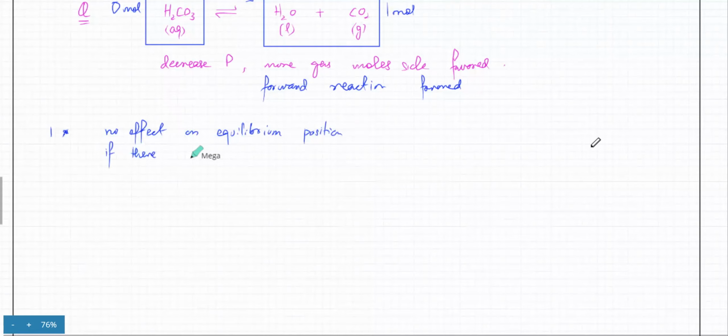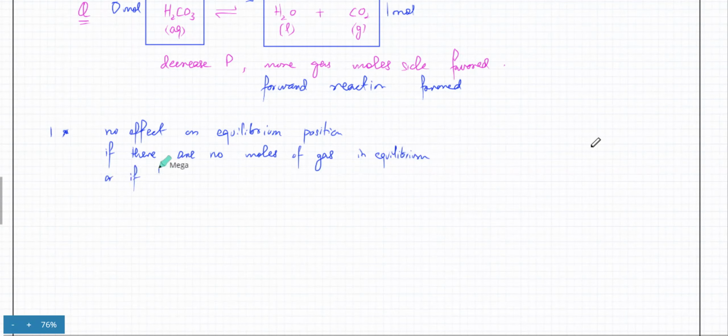So pressure has no effect on equilibrium position in two scenarios. There are no moles of gas in the equilibrium, or both sides have equal moles of gas.